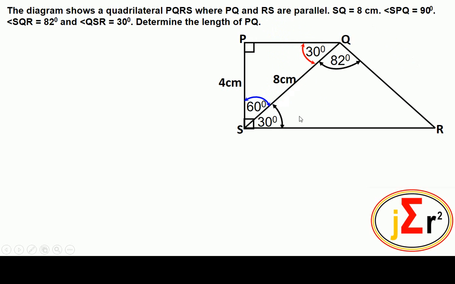Now we will find PQ based primarily on the fact that this is a right-angled triangle, and in a right-angled triangle we have the hypotenuse, and also for a right-angled triangle we may apply the trigonometrical ratios in their pure form.